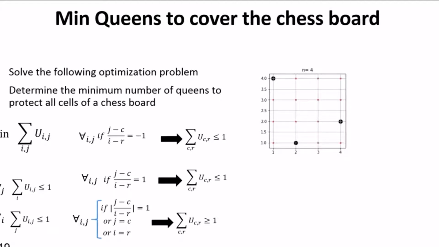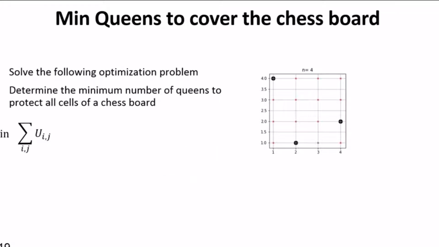Whatever we talked about is this problem, called minimum queens to cover the chessboard. So in this specific problem we are trying to find out what is the minimum number of queens required for protecting or covering all the cells.